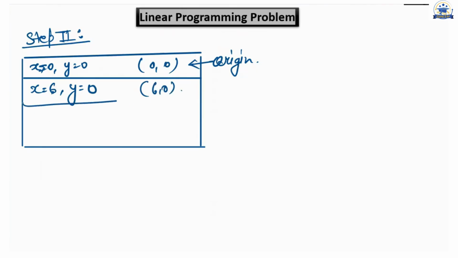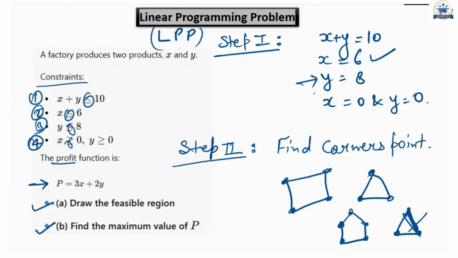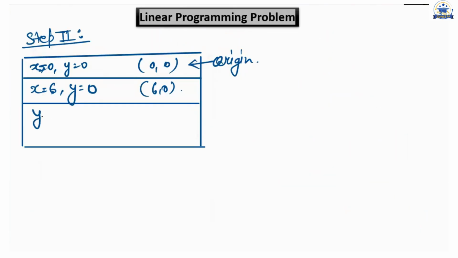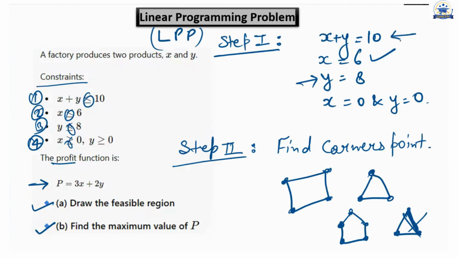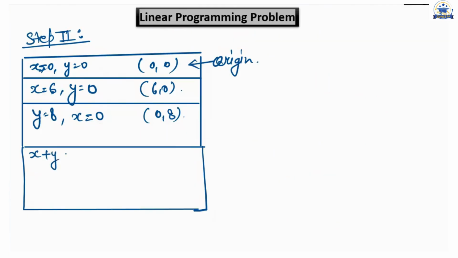Okay. Next, y equals 8. If y equals 8, x would be 0. Okay. So the coordinate would be 0, 8. Now, see. We have an equation. X plus y equals 10. First, we will put x equals 6.